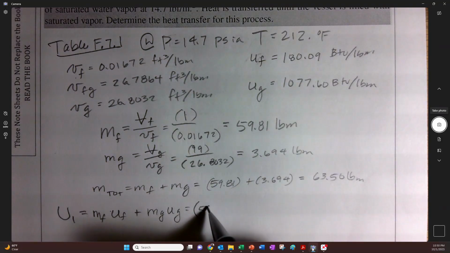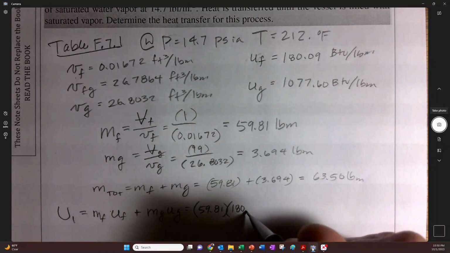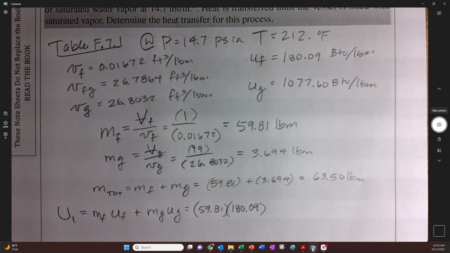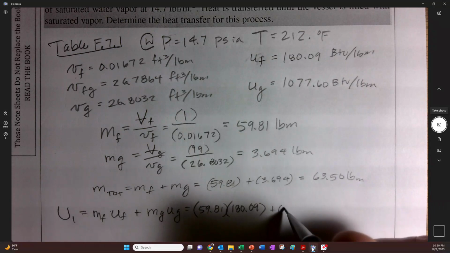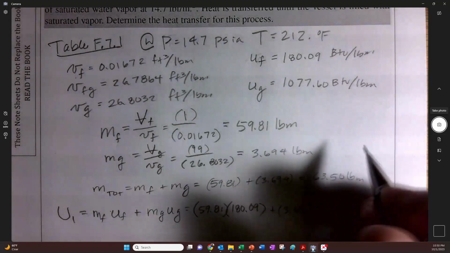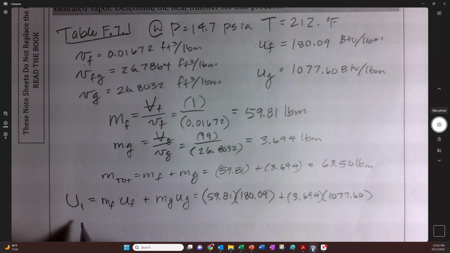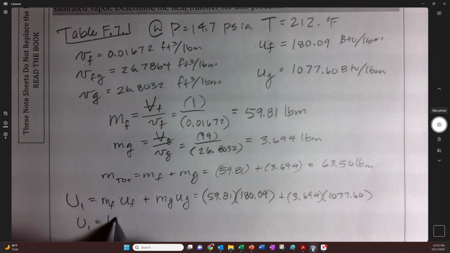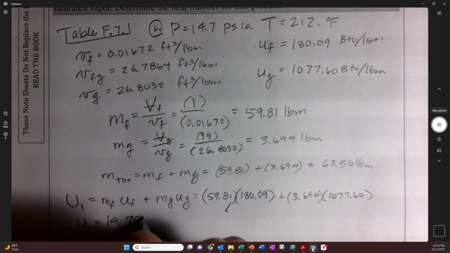So we go 59.81 times 180.09 plus 3.694 times 1077.60. I'm going to leave myself enough room for the equals. So it's going to be 14,751 BTUs. Sorry, a little dyslexic there.